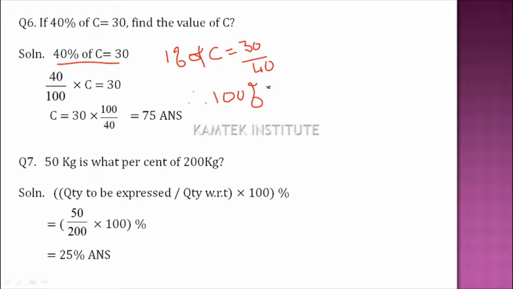We multiply this value, that is 30 upon 40, by 100. This is also a way we can do this sum, and the answer will again be 75. So whatever way you like, you can do it. We move further.